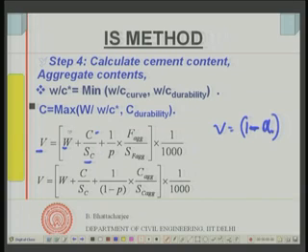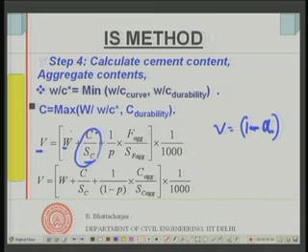This is the volume occupied by water, this is the volume occupied by the cement, and the proportion of fine in total aggregate is known. So, the volume occupied by fine aggregate is divided by its specific gravity, and P is the volumetric percentage occupied by sand in total, not the mass percentage but the volumetric percentage.